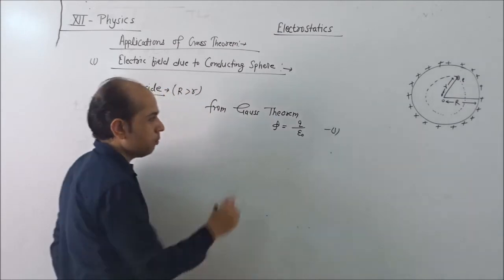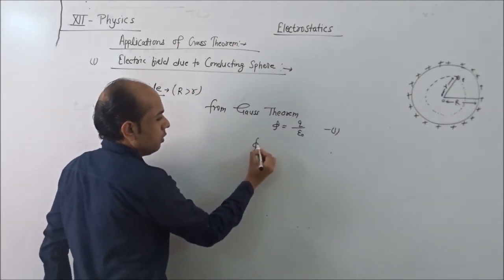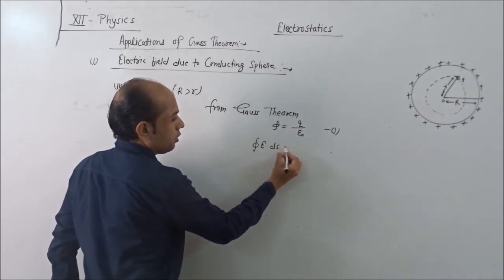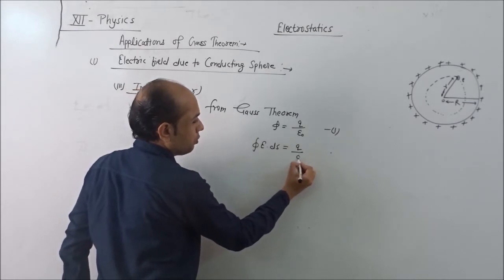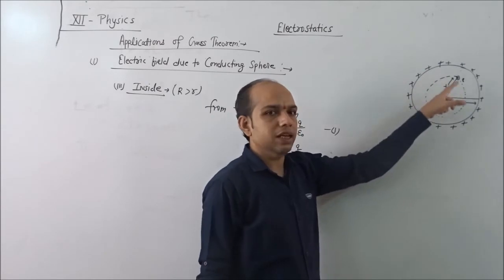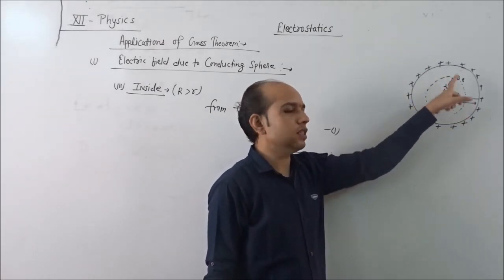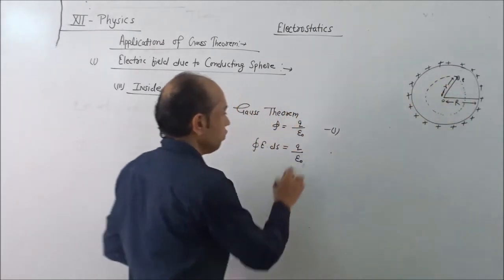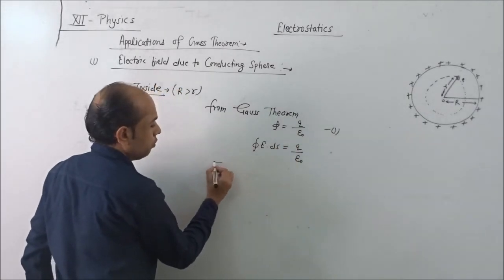This is our Gauss theorem. Phi is equal to the integration of E dot ds, and this equals q upon epsilon naught. In case of inside, there is no charge inside this Gaussian surface, so the value of q is 0.